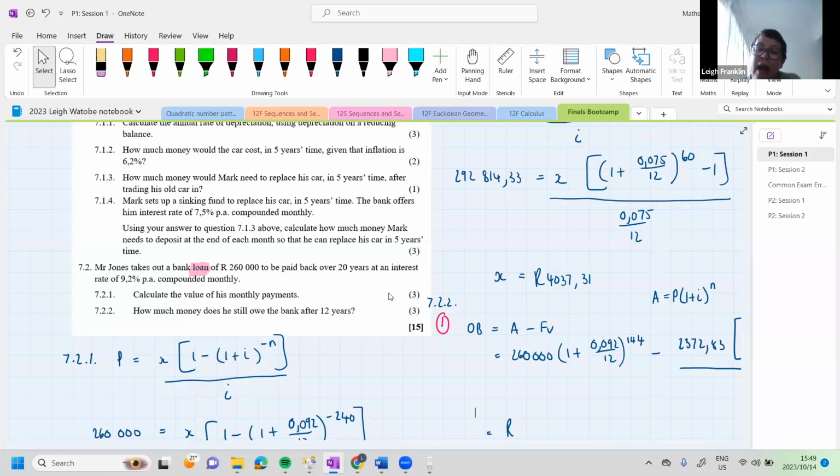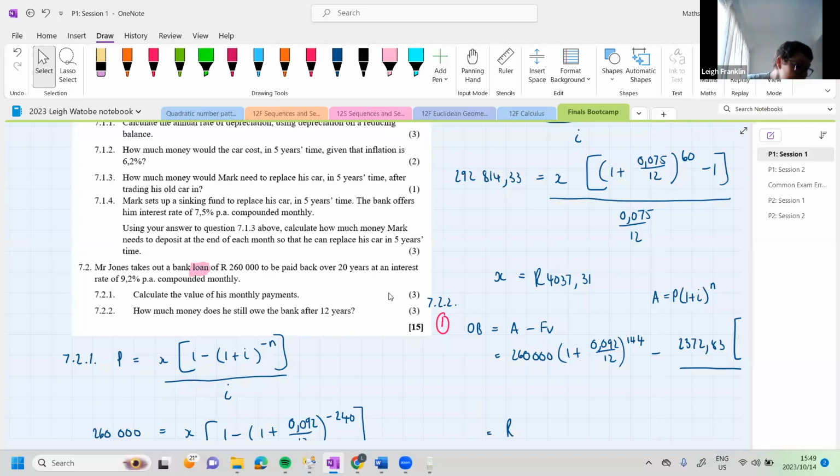Because if you are doing outstanding balance is A minus FV, it's the number of payments that have been made. But if you're using the present value formula, then it's the number of payments that still need to be made. So in our second method, you're going to see that N value is going to be different.